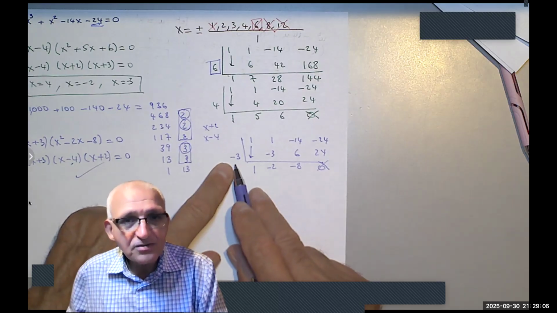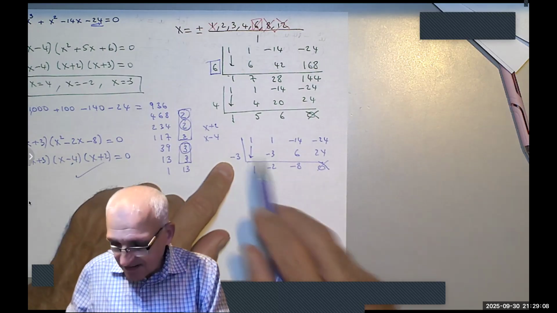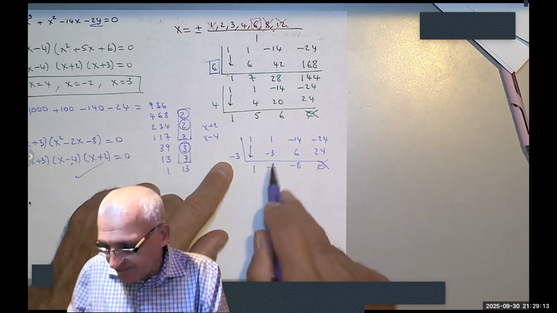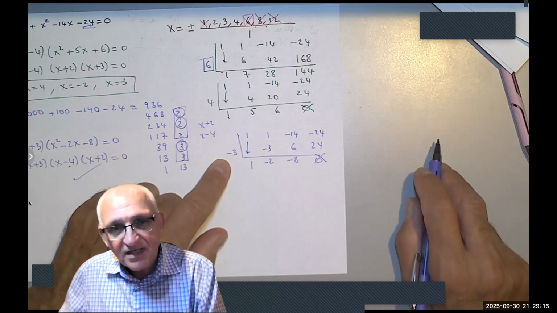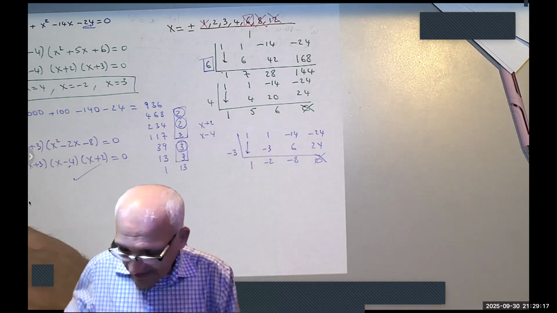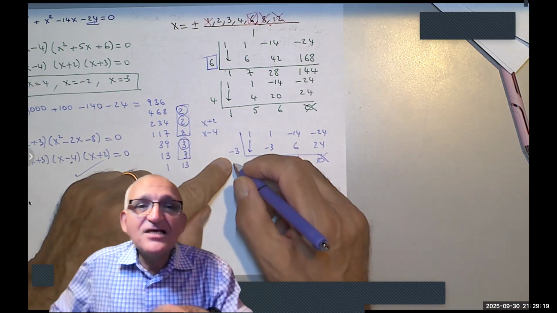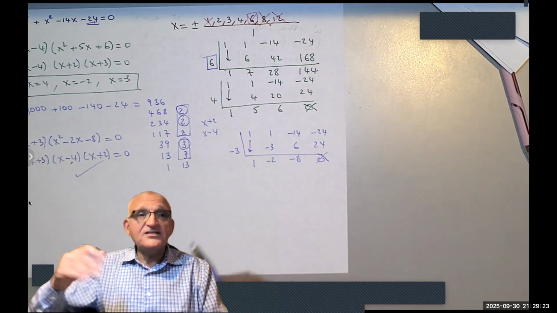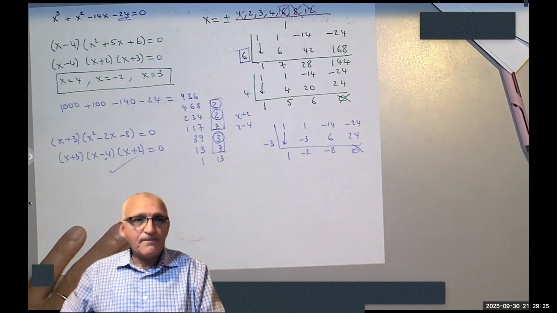What if I was checking the negative root and these numbers were alternating, positive, negative, positive, negative, positive, negative? That's an indication that what you have here is a lower limit. If there is an answer, it would be more than that. Okay? Does that make sense?